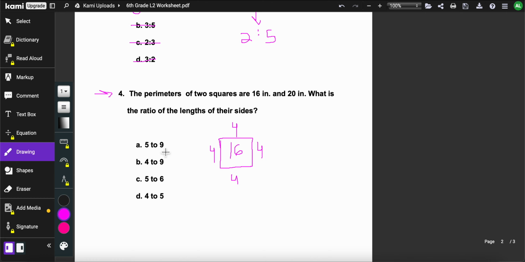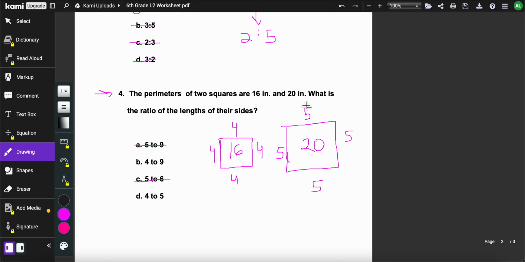Knowing this, A and C are immediately eliminated because it's 5, not 4. Then we're going to draw the square with a perimeter of 20 inches. Once again, there are 4 sides, so just divide 20 by 4, and we get 5. So each side should be 5, 5, and 5.